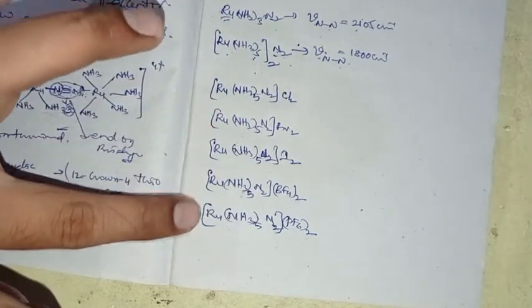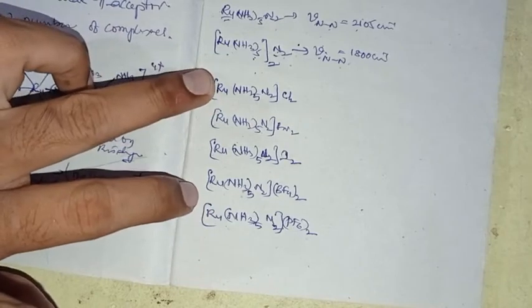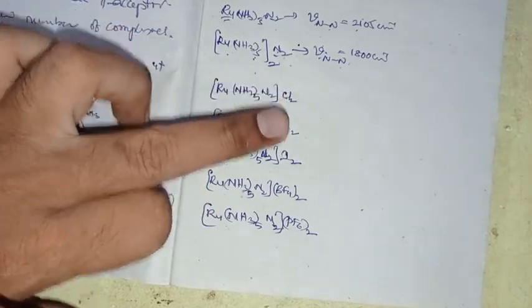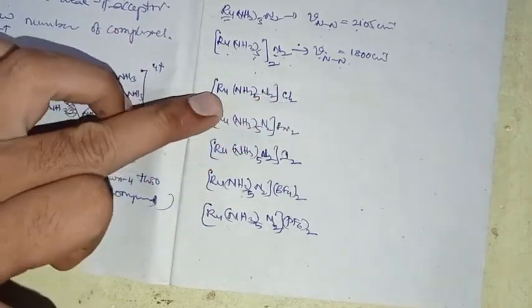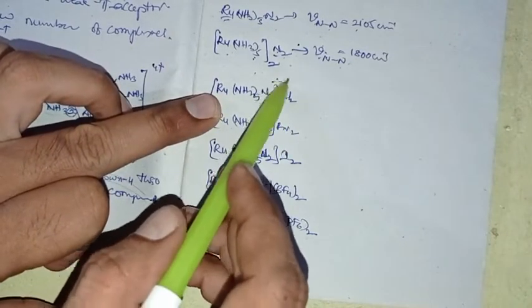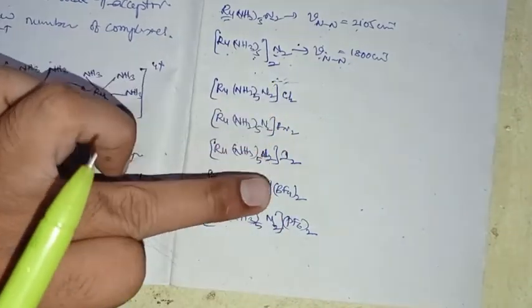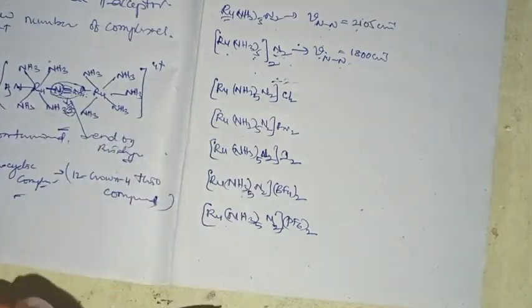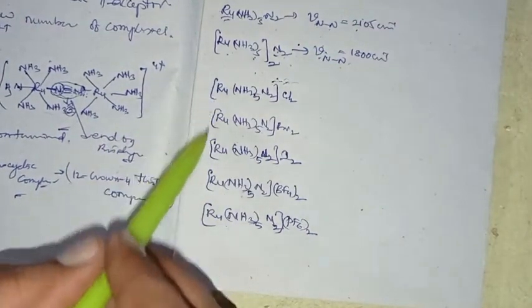The metal is also the same, and the metal charge is also the same. Here ruthenium will have a coordination sphere charge of +2, here +2, here +2, here +2, here +2. All will have the same coordination sphere charge and metal charge.